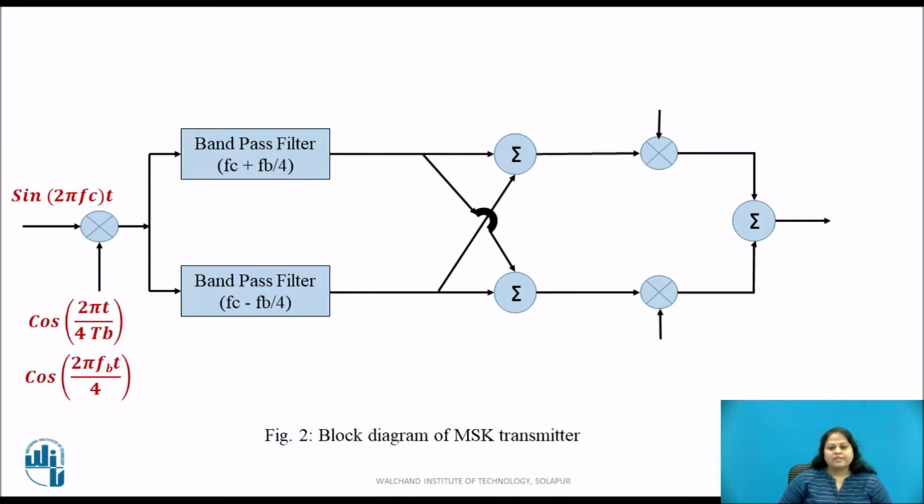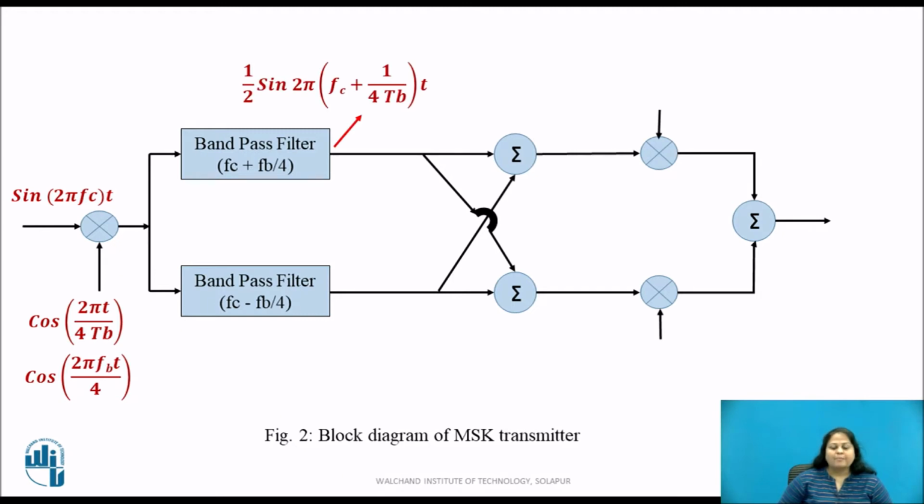The two sinusoid signals of frequency Fc and Fb by 4, that is sin(2πFct) and cos(2πFb/4 t), are first multiplied to generate the sum and difference frequencies which are then passed through the bandpass filters.